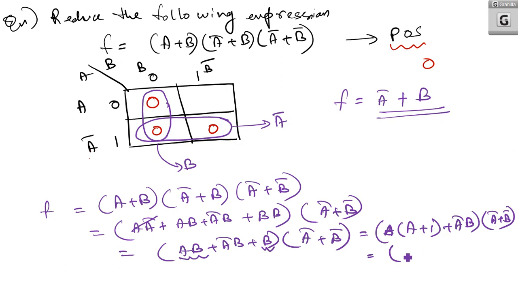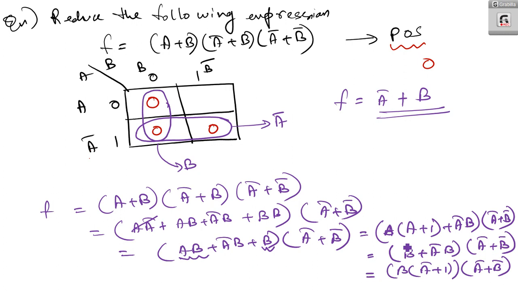B or A or 1. A or 1 is 1 itself. So it is B or A bar B, and A bar or B bar. Here what we are getting is B, this is B and A bar or 1, and A bar or B bar.